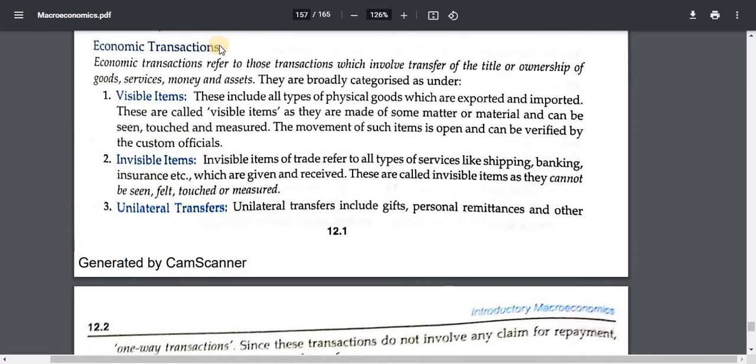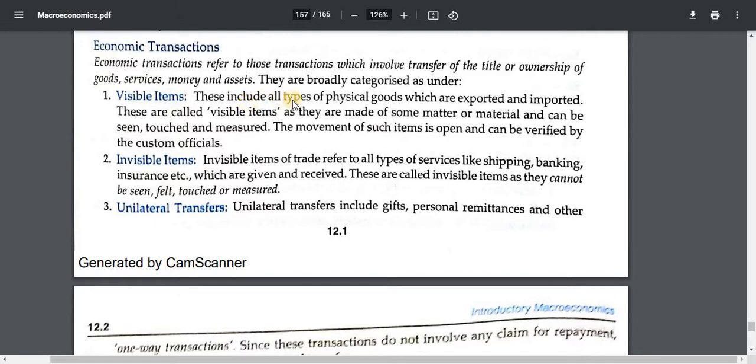Economic transactions. Economic transactions refer to those transactions which involve transfer of title and ownership of goods, services, money and assets. They are broadly categorized as under. 1. Visible items.